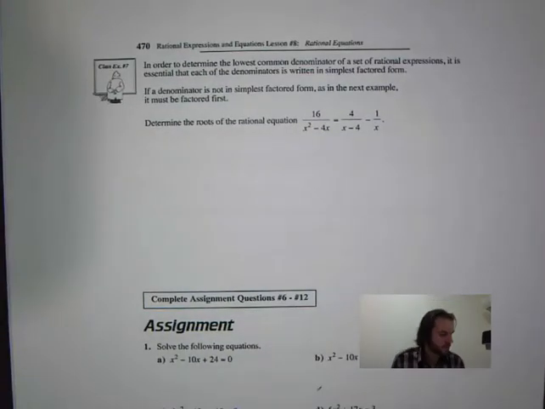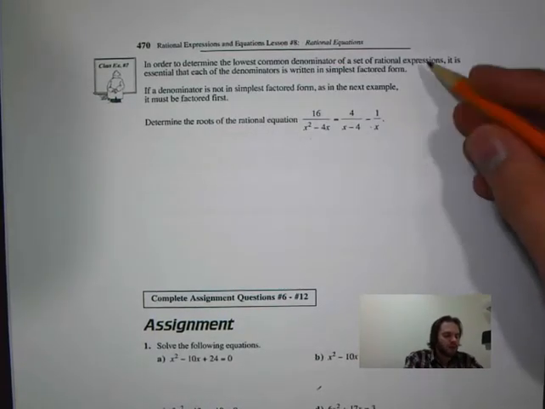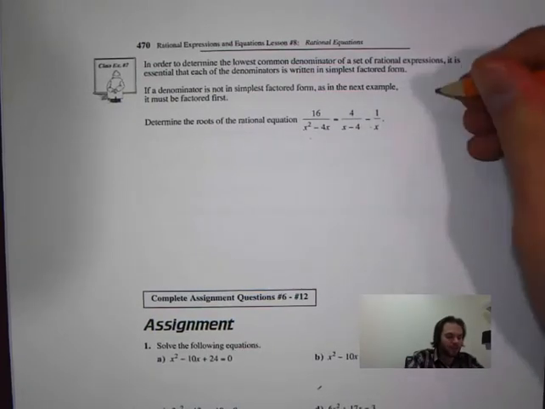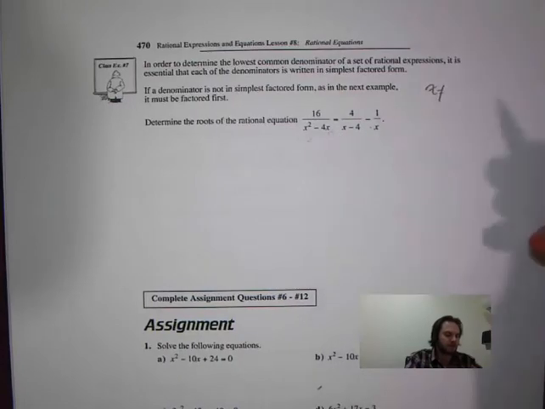All right, here we go. So it says, determine the roots of this equation. So we want to solve for x in this last question, question number 7. So first thing, if I look at this, there's a lot of different denominators, so I'm going to use lowest common denominator to solve. Now, first of all, I want to know what are my non-permissible values. So what can x not equal? I look at this here.